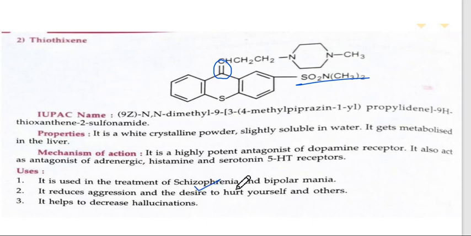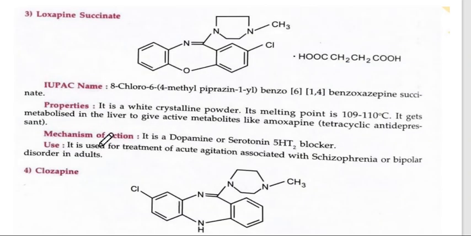Same, it is used in the treatment of schizophrenia and also in the treatment of bipolar mania. It reduces aggression and the desire to hurt yourself and others. It helps to decrease hallucinations. Okay, it is primarily used in the treatment of schizophrenic symptoms.